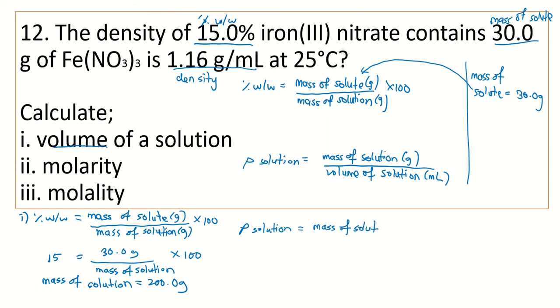Next, we substitute the value of mass of solution that we get into this equation. First, write down the equation. The density of solution given is 1.16 gram per ml. Mass of solution is 200 gram.